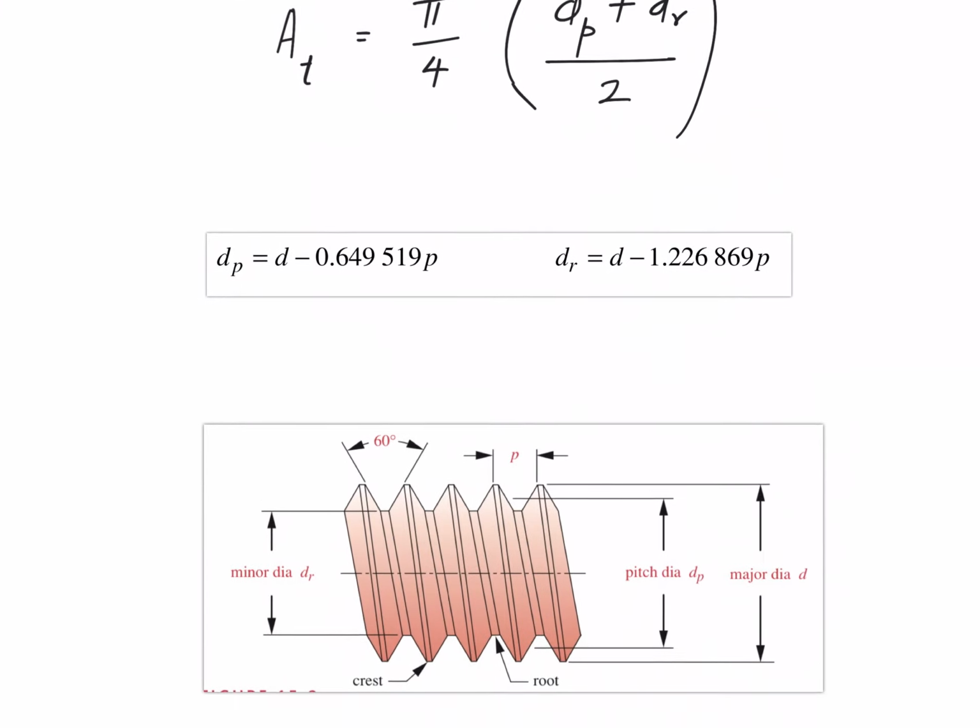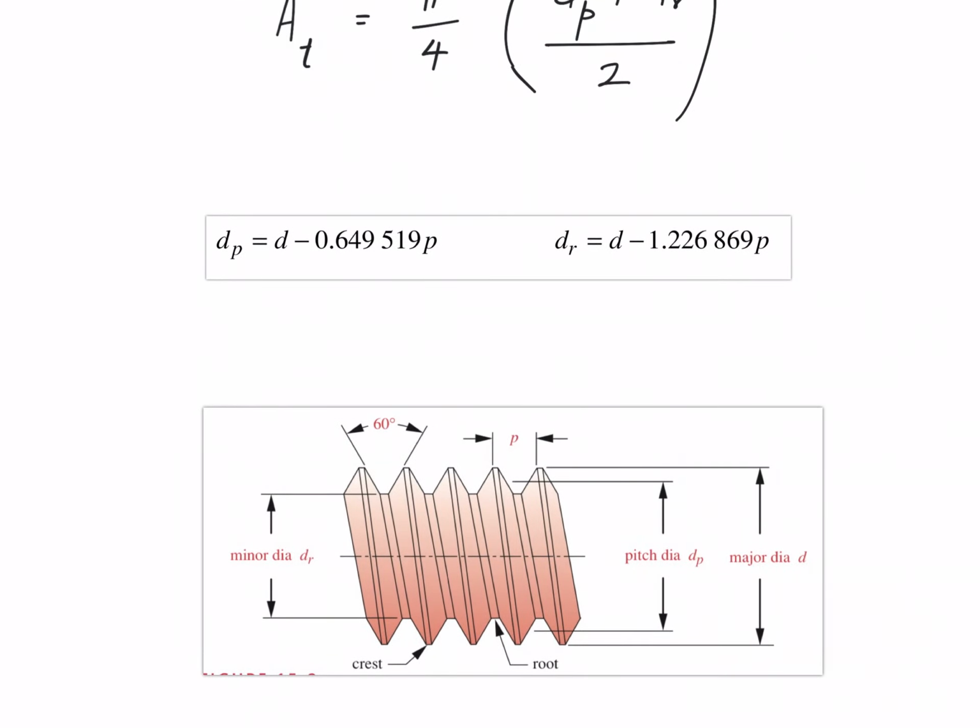And in case you have forgotten what is pitch diameter, minor diameter and all, here I have shown a sketch. So this is your minor diameter. Assume this is your threaded rod. So the tensile stress area is a little more than the area which corresponds to minor diameter. But it is not the one corresponding to the major diameter, it is the average of pitch diameter and the minor diameter.